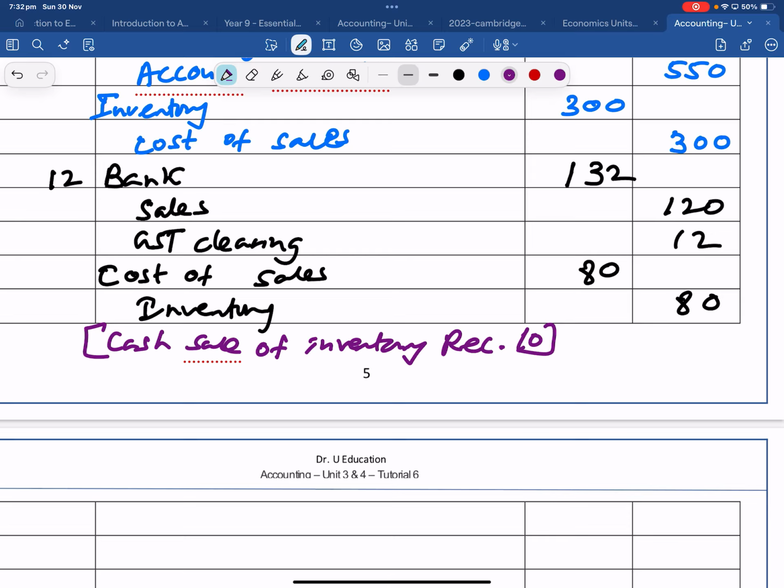The cost price is 80, selling price is 120. Not really important. Why? Anybody who knows accounting can see that. Anybody who wants more details can go to the receipt and check.